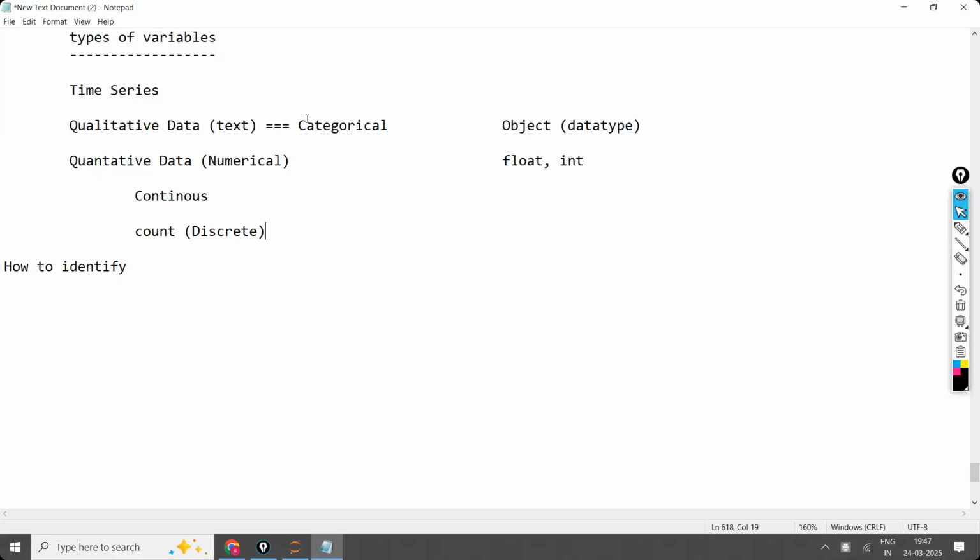Whatever statistical measures are applicable to the discrete categorical are applied to the discrete count also. Discrete categorical and discrete count come under one category from the statistics point of view.